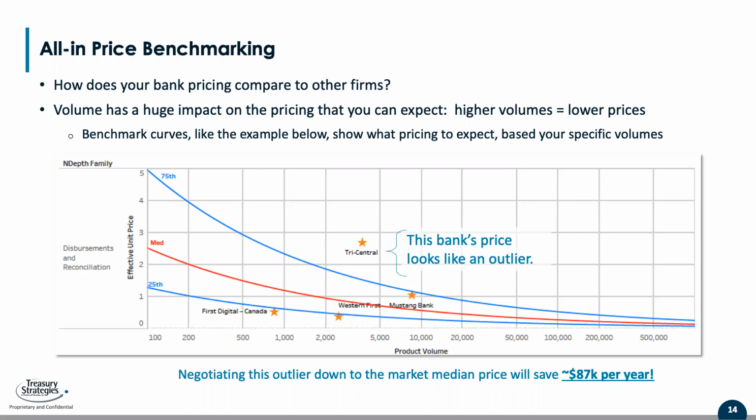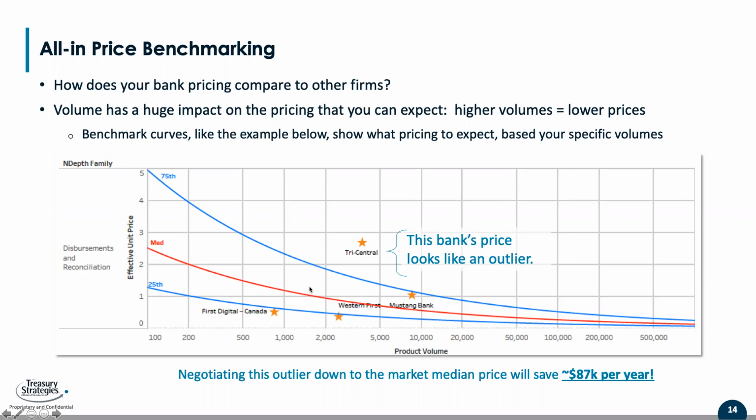And so what we do is advocate for looking at benchmarks as curves. And so what you'll see that we show here, the middle red line is the market median, the bottom blue line is the 25th percentile, and the top blue is the 75th percentile. And as you can see here, they form a curve, and the more that you have in volume, typically the better pricing that you can expect.